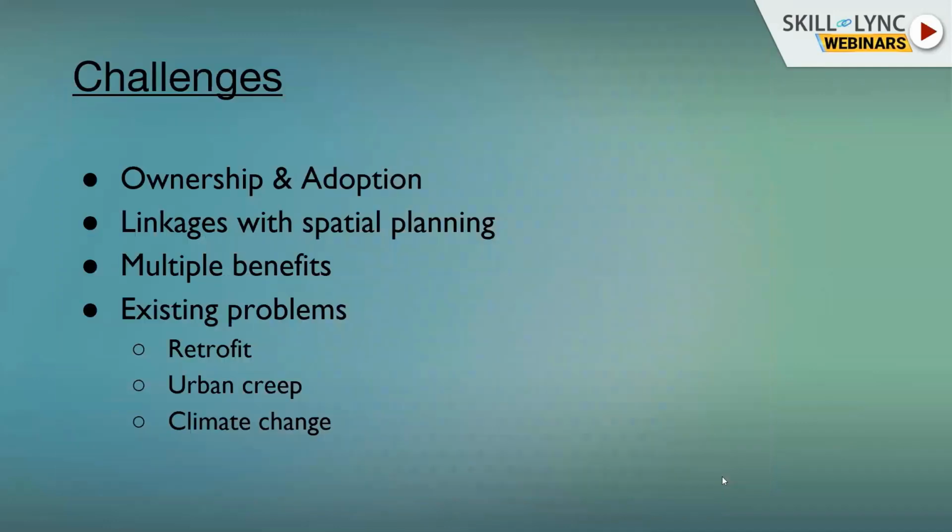So we have talked a lot about the good things about SuDS techniques and how they can help us in various ways and provide multiple benefits. However, there are still some challenges. The very first challenge is the adoption and the ownership.